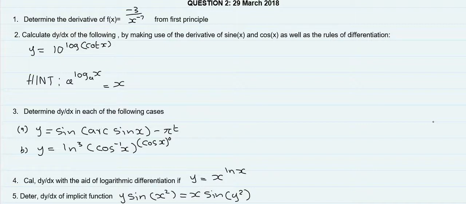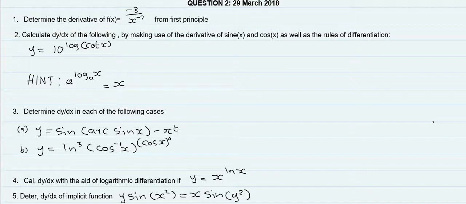Number b, y equals ln of the inverse of cos x to the exponent cos x, raised to exponent 0. Number 4, calculate dy over dx with the aid of logarithmic differentiation if y equals x to the power ln x.